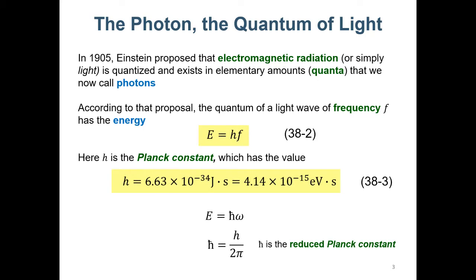So, first of all, it's about the photon. In 1905, as I mentioned, Einstein wrote 3 papers. One is about the special relativity, and the second one is about the photoelectric effect. And he was actually awarded the Nobel Prize for the photoelectric effect.